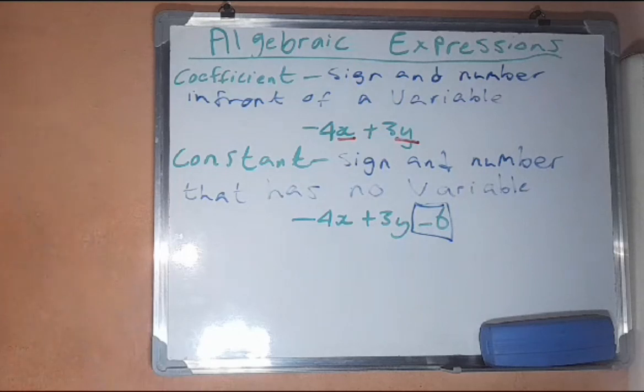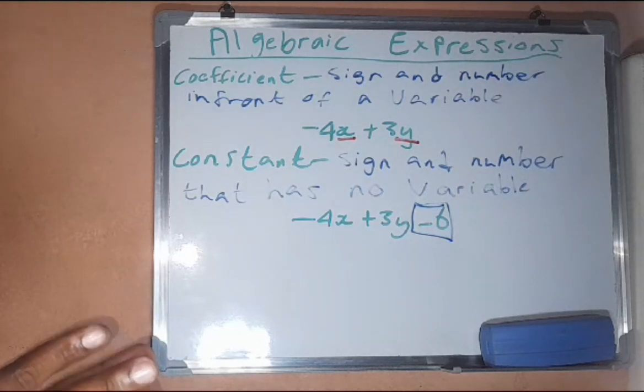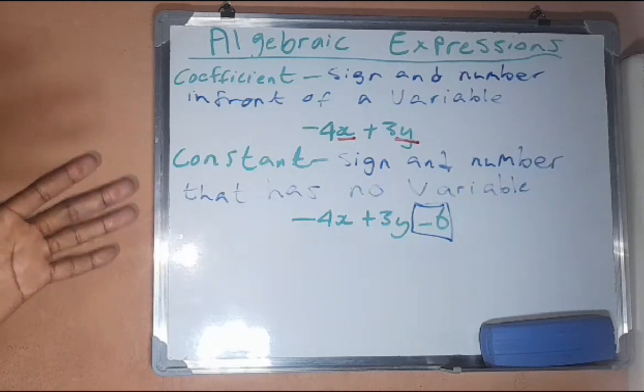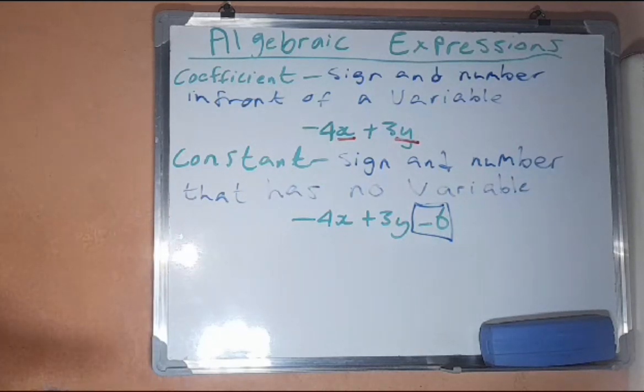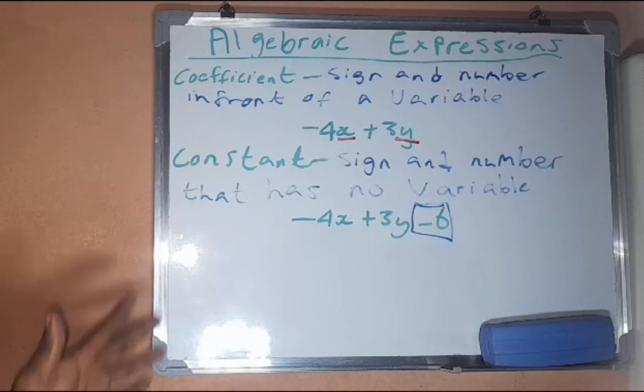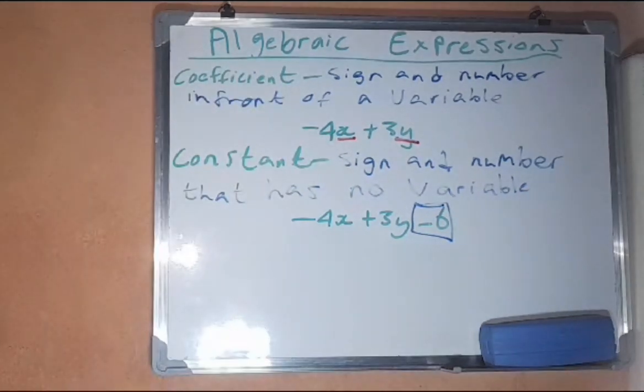So what you are doing wrong is this: when you are asked to write down the coefficient of x, or to write a constant in a given expression, the mistake I want to highlight in this lesson is this. You are given a question: write the coefficient of x and y. This is the expression that you have been given.